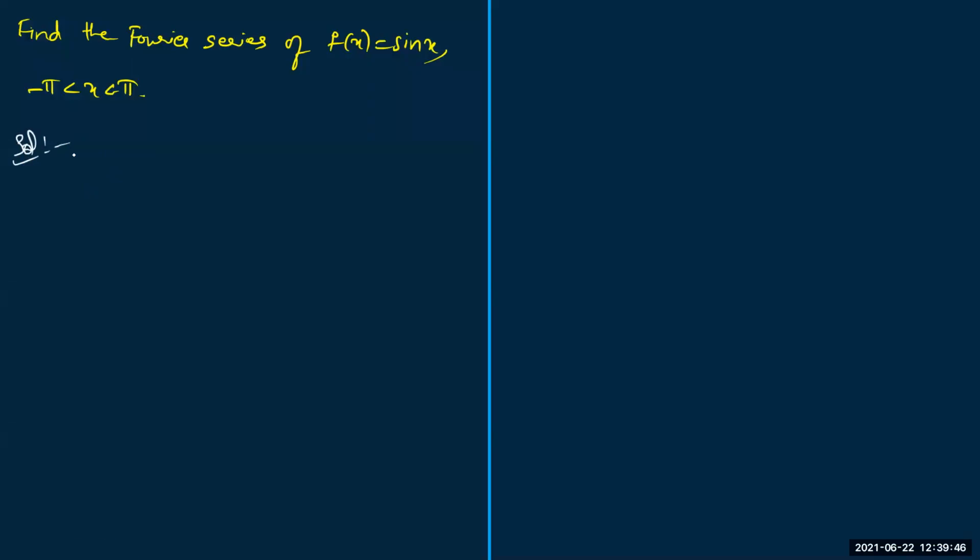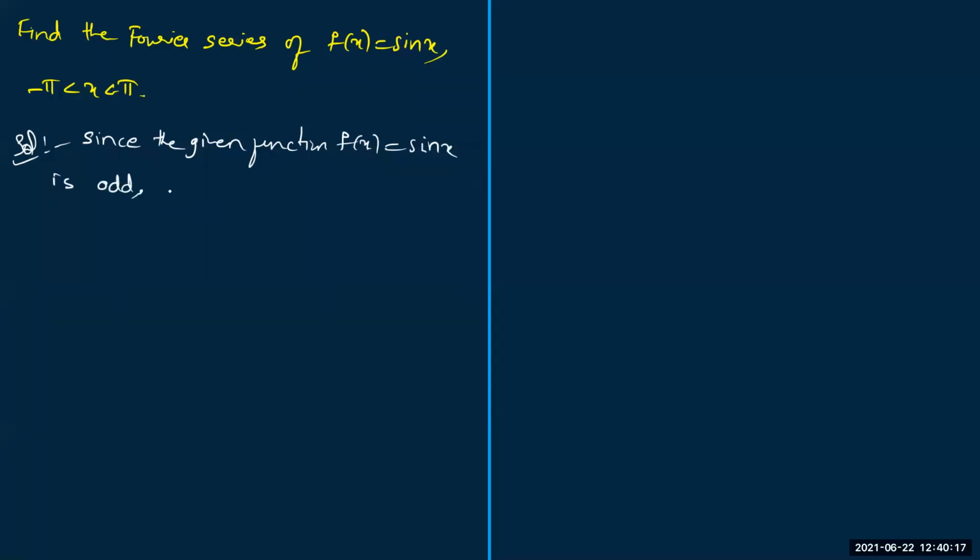First point, the interval is from minus pi to pi, that is clear, and you are given the function as sine x. Can somebody tell me whether sine x is even or odd? Odd function, definitely. So I'm writing that the given function f of x is equal to sine x is odd.